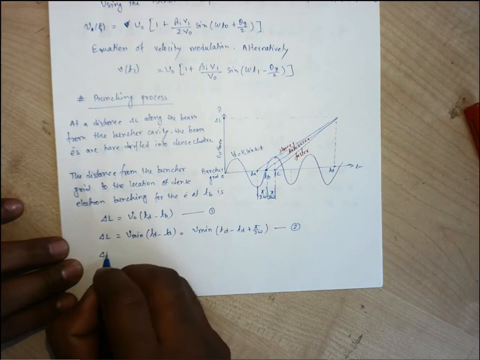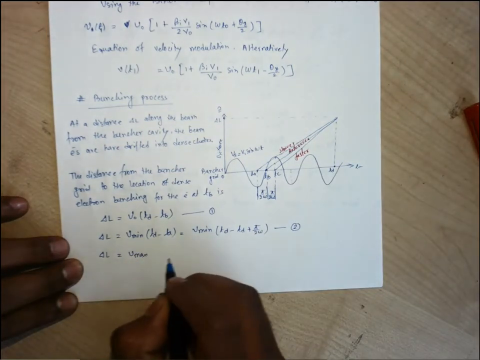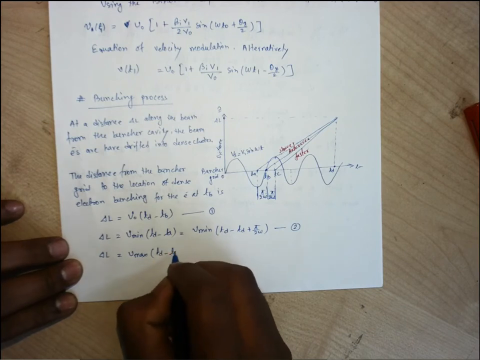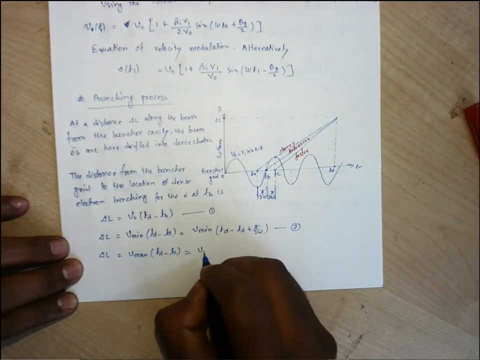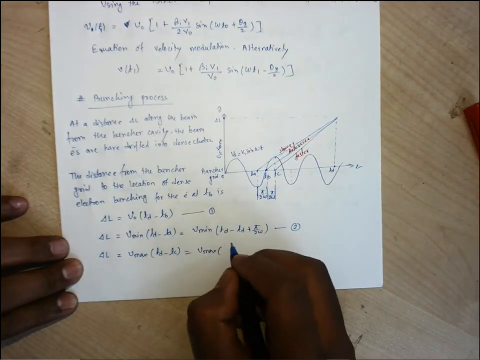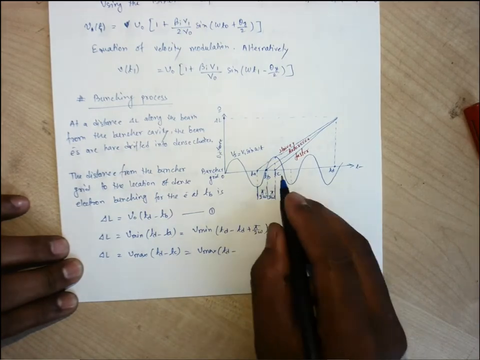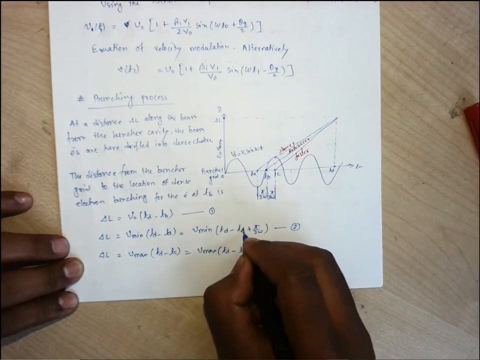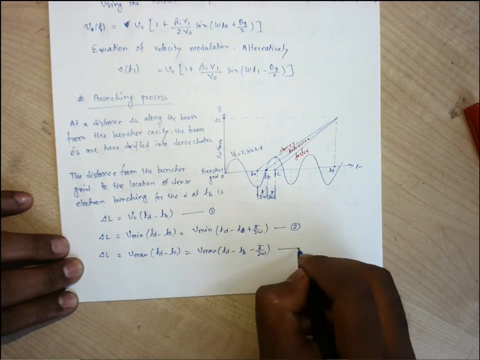Same for this faster electron, V max. It will be Td minus Tc. V max is equal to Td minus Tc, that will be Tb plus pi by twice omega.